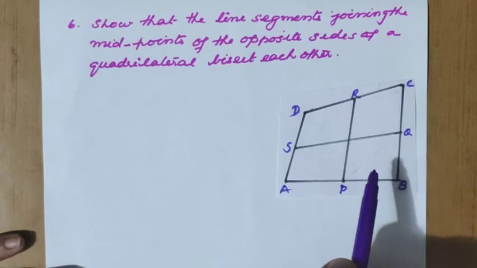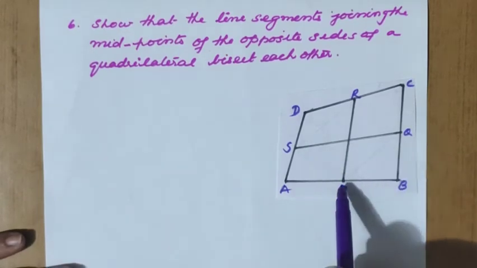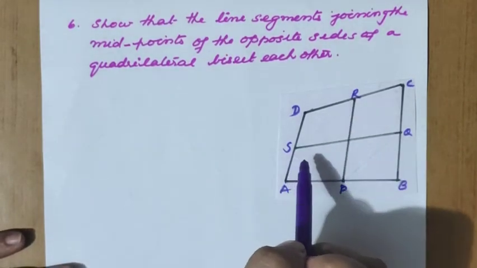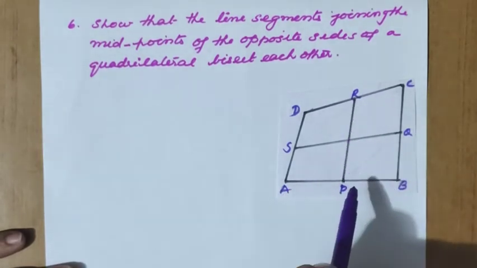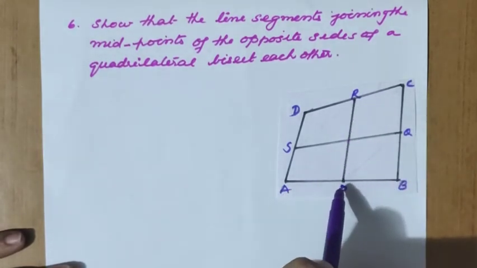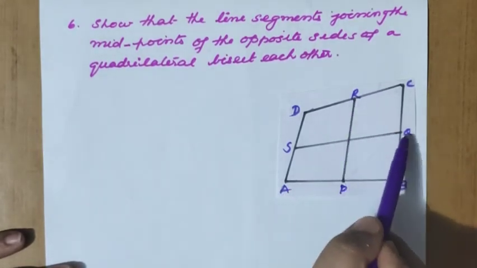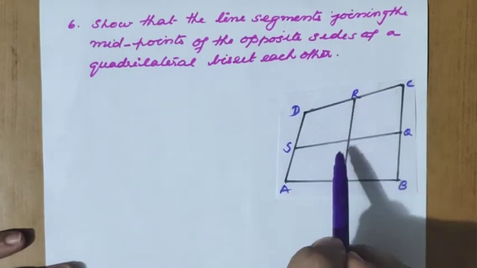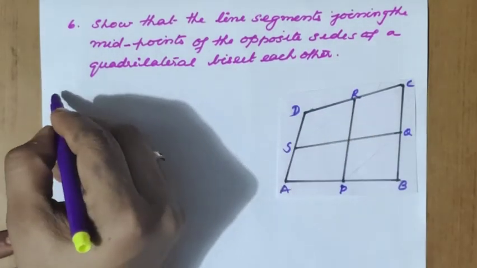What is the meaning of this? The midpoints are already given, marked here as P, Q, R, S. Now the midpoints of opposite sides are joined: P and R, and S and Q. That means these line segments bisect each other, and we have to prove it.